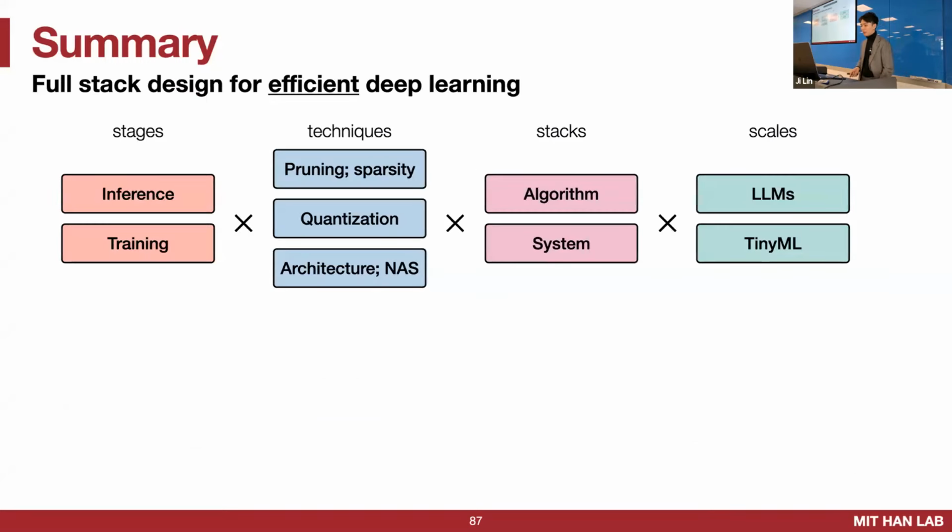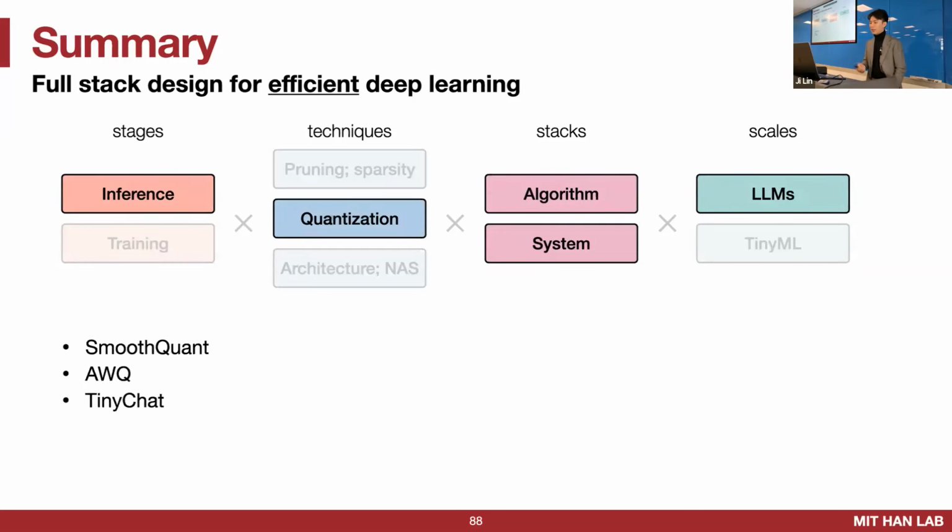In summary, during my PhD study, I've been working on a full stack design for efficient deep learning computing. It covers different stages from inference to training, and different techniques, including pruning, sparsity, quantization, and architectural designs. It covers different stacks from algorithm and system, and also very extreme scales like large language models or TinyML.